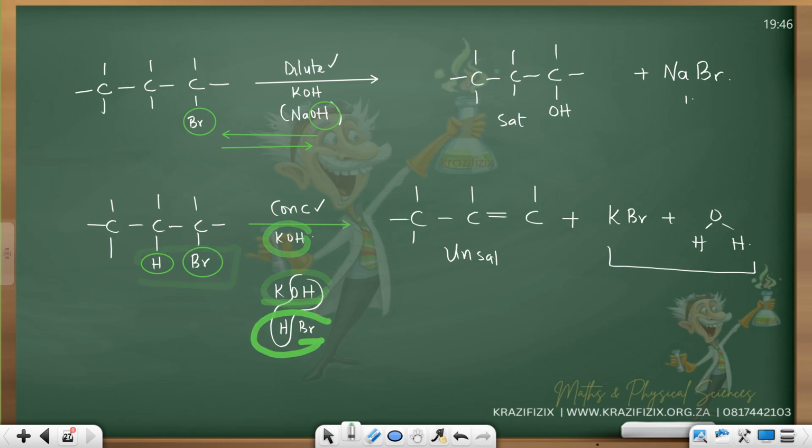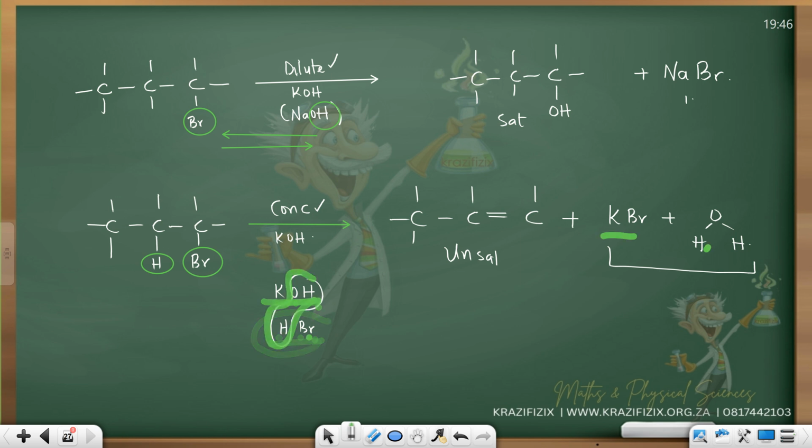This is acid and that's a base. It will form salt and water. So your HBr, KOH, you form water here, and then you have KBr. Do you see where it went now?